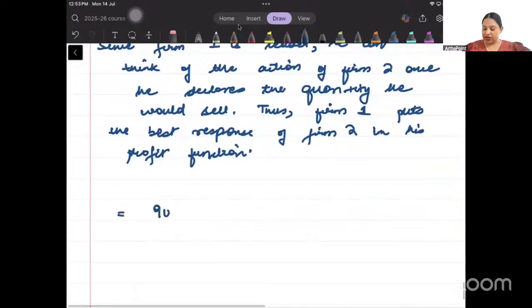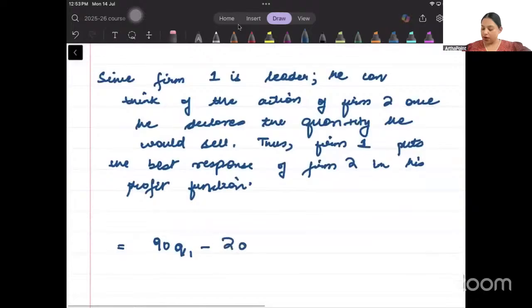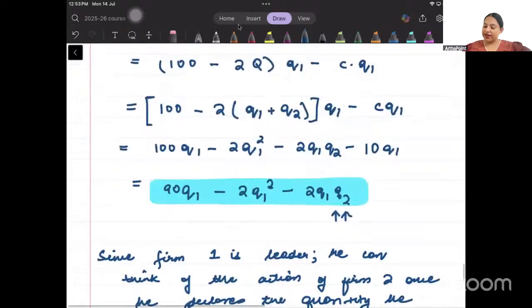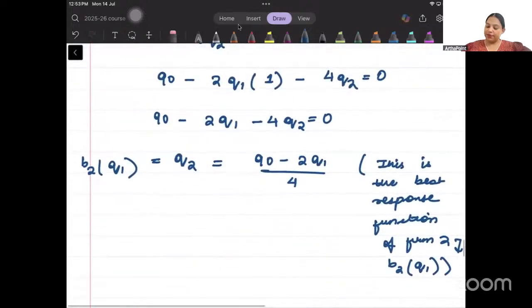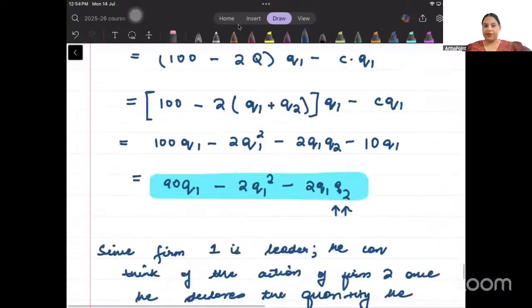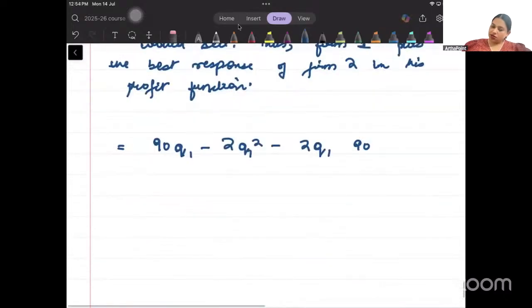You'll get 90 Q1 minus 2Q1 square minus 2Q1, and instead of Q2, he knows the best response function. So it is 90 minus 2Q1 by 4. So just plug this here. 90 minus 2Q1 by 4.